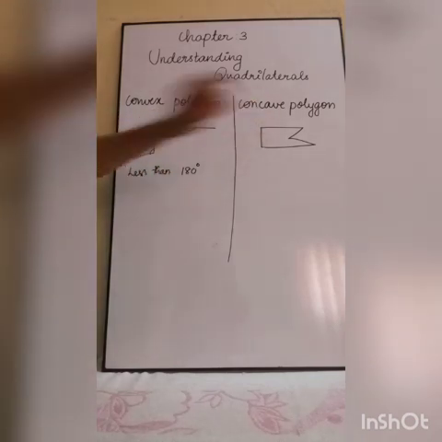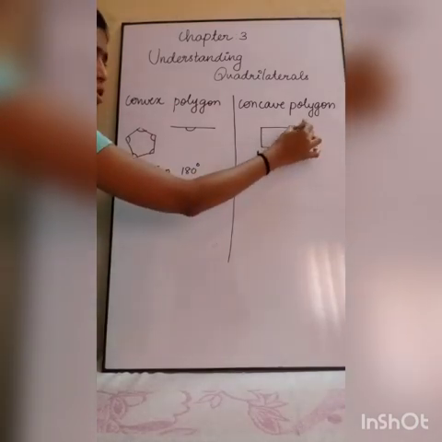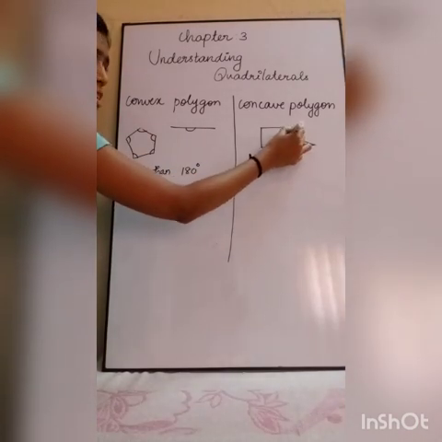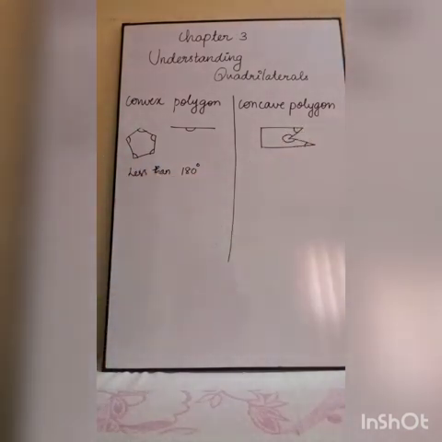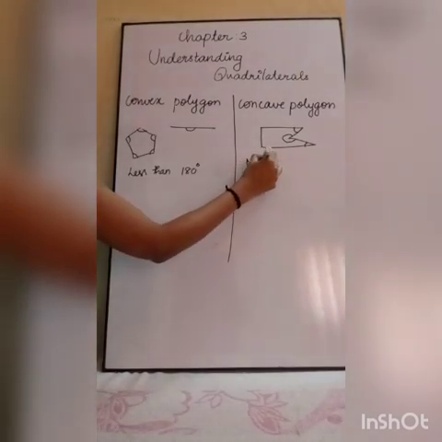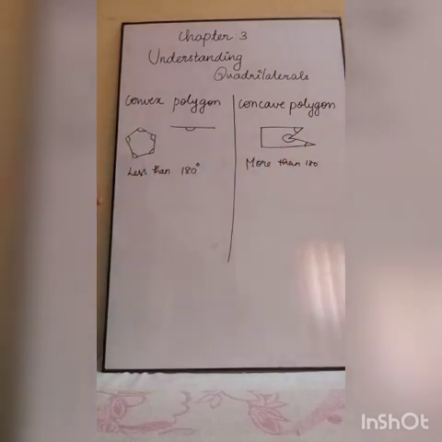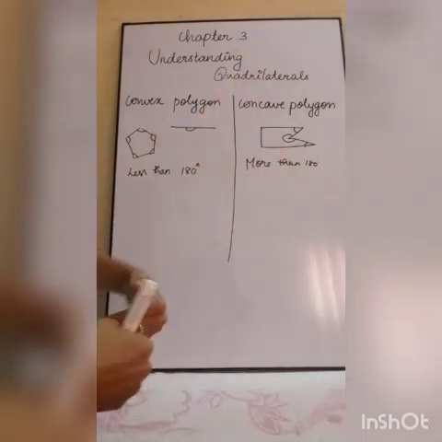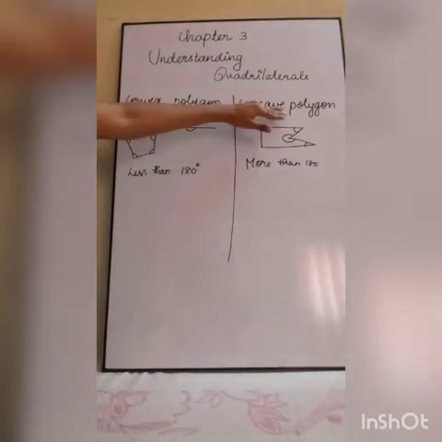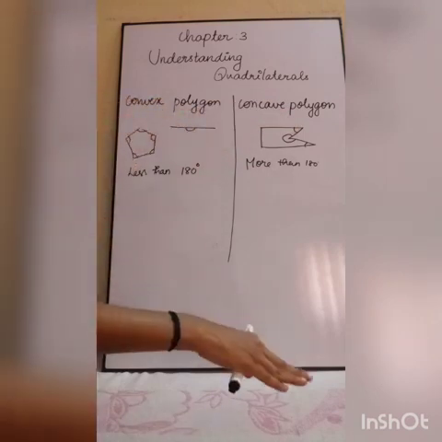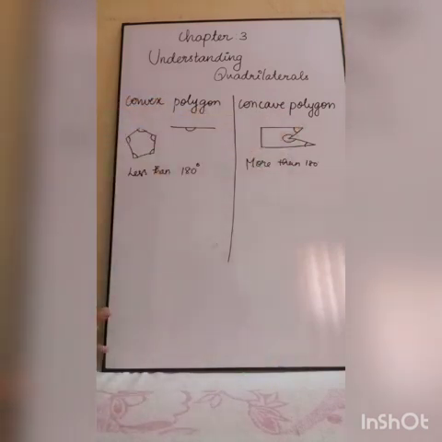But here you listen. This is less than okay. This is less than okay. But this is more than 180. So what is the difference between convex and concave? In convex, the angles will be outside. In concave it will be inside. Cave means inside, so this will come inside.